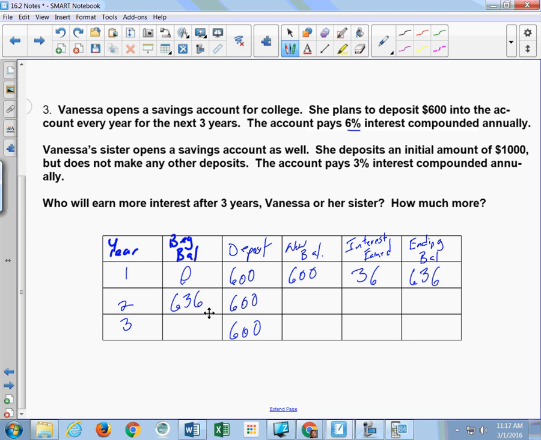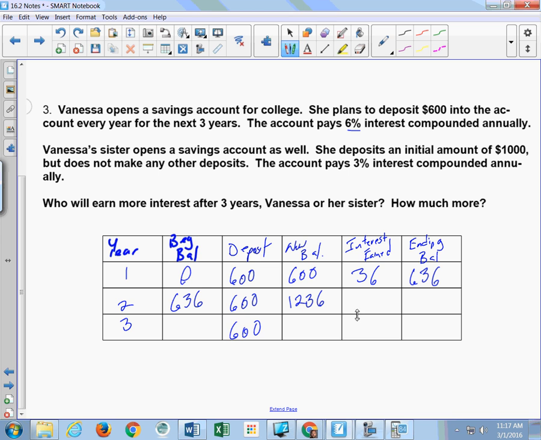636, and then we're going to add these two. That's 1236. And then we're going to run this through our calculator. So 1236, open parenthesis, 1 plus 0.06, close parenthesis, and hit enter.